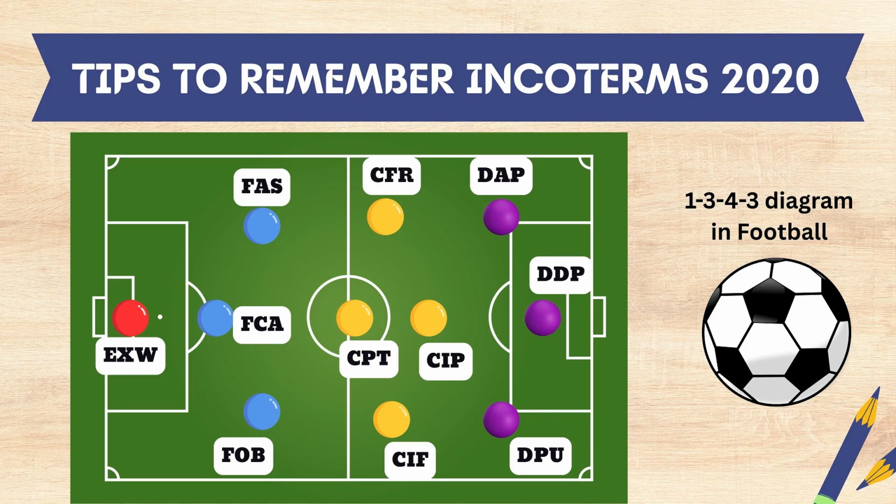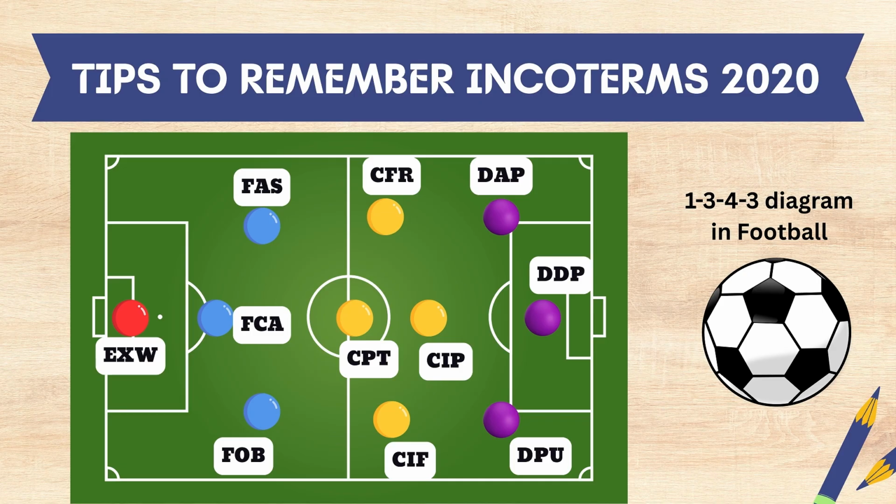Then this soccer field is divided into two sections. In the middle here is like the delivery part from the seller to the buyer. Then the second group, in green, is the F group. It includes FAS, FCA, and FOB, the three terms of the F group, right? Then the C group will have 4 terms.